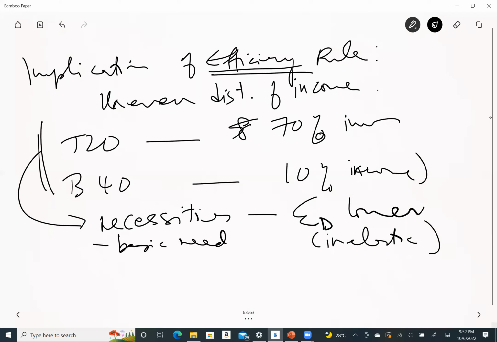Based on countries. For example, in our country: rice, flour, cooking oil. Chicken is not a necessity. If you don't eat chicken, you can eat fish. If the fish is very expensive, we can go fishing.